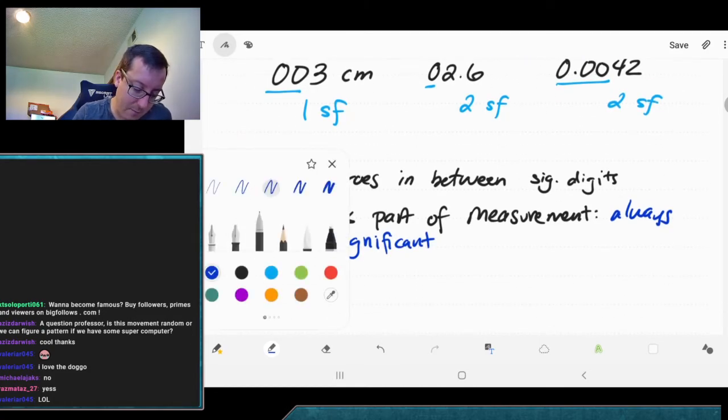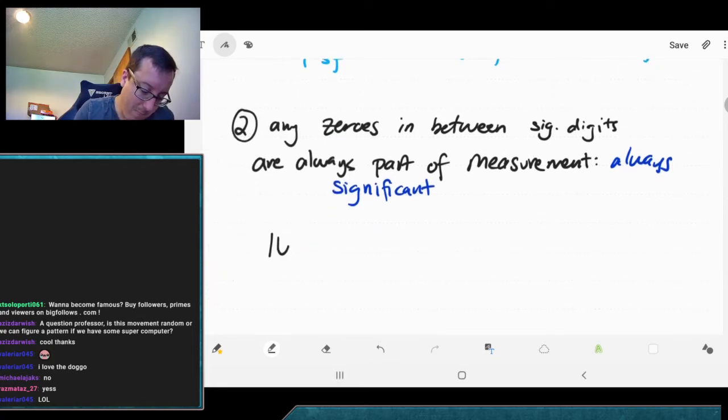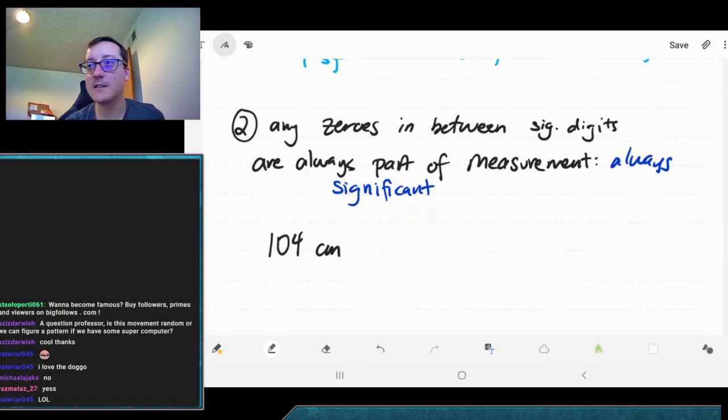So let's say I've measured something and it's 104 centimeters. That 0 there does matter because it's part of my measurement, right? I have found out that this thing is between 100 and 110 centimeters, and I have guessed it to be 104. And so that 0 there is part of my measurement. I know that it's above 100, but below 110. So that number is part of my measurement. That 0 will always be significant.